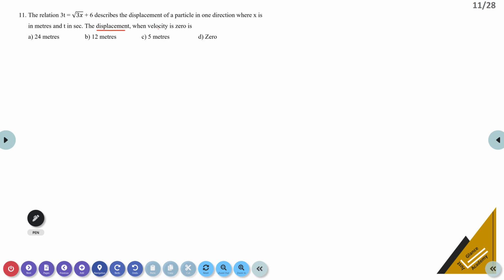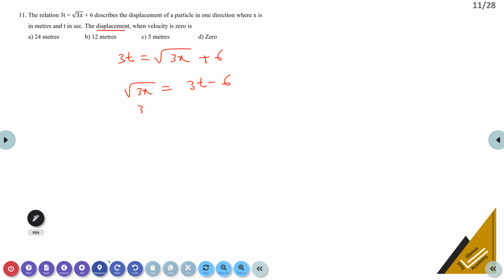Here we need to modify this equation. 3t equals square root of 3x plus 6, is there, no? Square root of 3x equals 3t minus 6, because I want to differentiate.